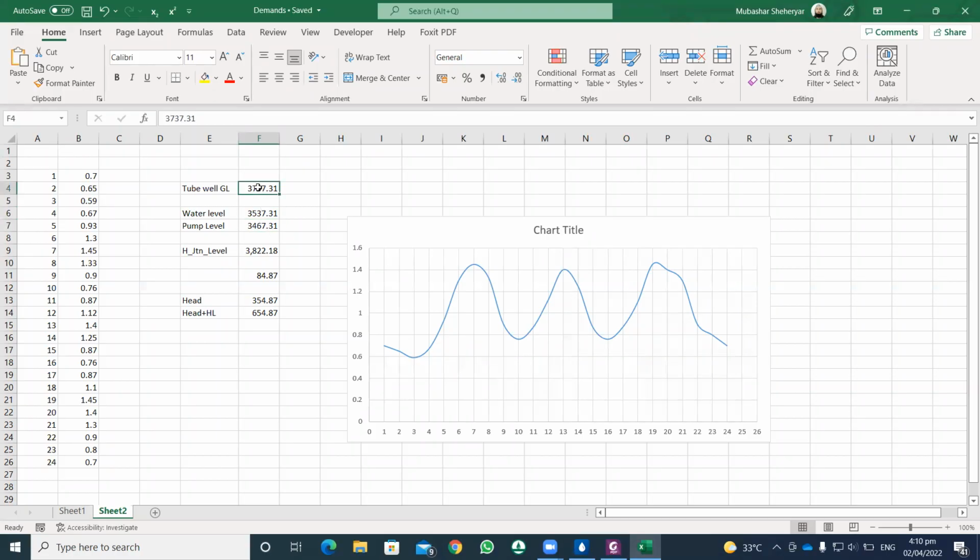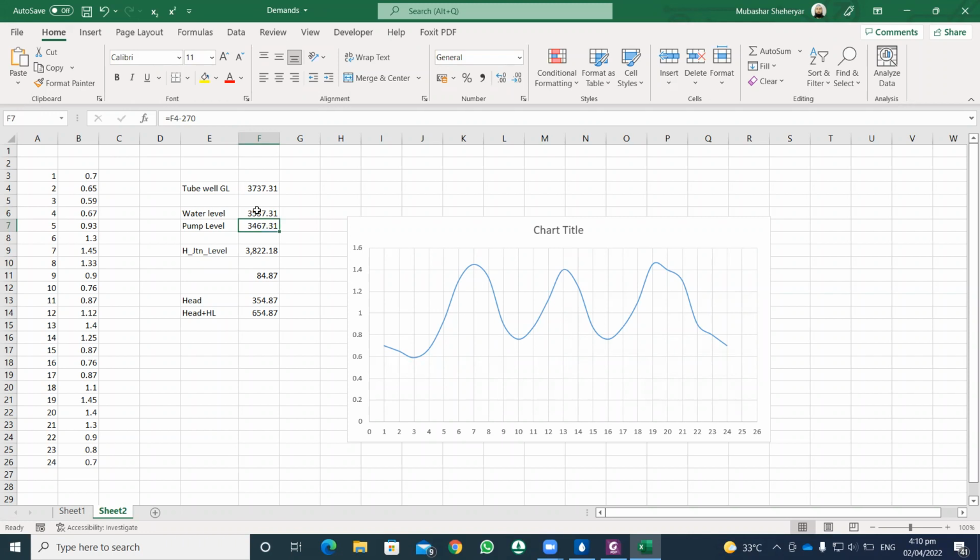So basically, this is the ground elevation where I have to construct a tube well. This elevation I have calculated using the TRex tool in WaterGEMS, and then the water level is calculated. I am assuming here that the water level is 200 feet below the ground level.